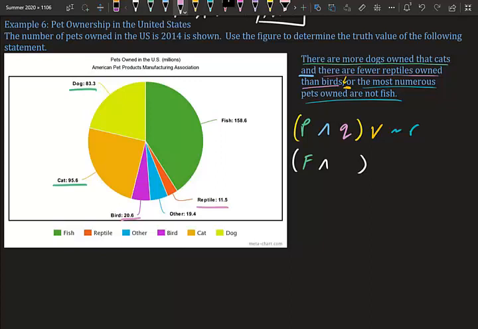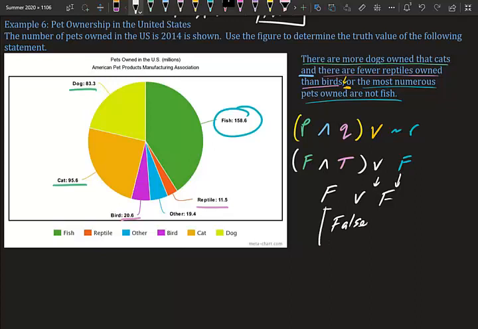So that is a true statement. The most numerous pets owned are not fish. That is false, because fish is the numerous amount. It's the biggest amount. So that's a false statement. False and true is false. Just bring everything down. False or false, that is false. So this is a false statement.